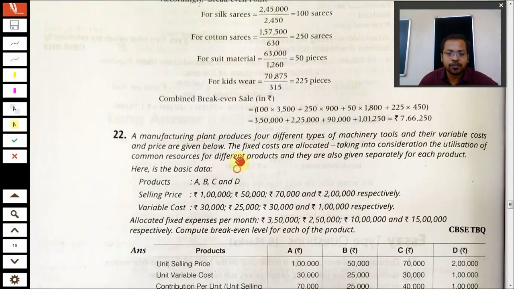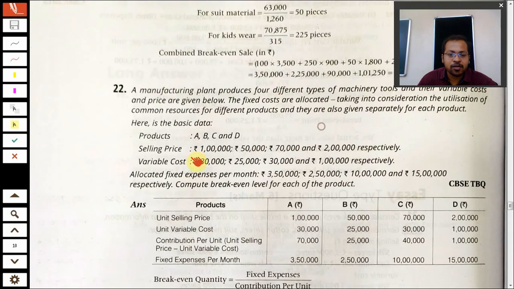Here we go. Okay, question number 22. A manufacturing plant produces four different types of machinery tools and their variable cost and price are given below. The fixed costs are allocated taking into consideration the utilization of common resources for different products, and they are also given separately for each product.